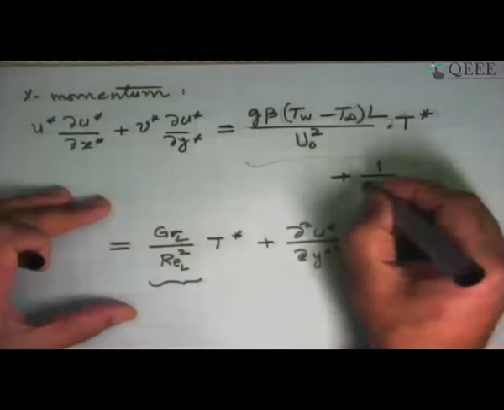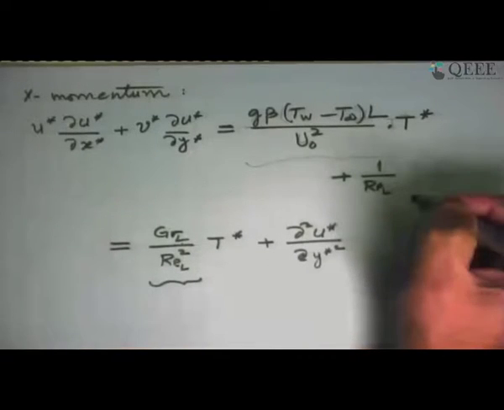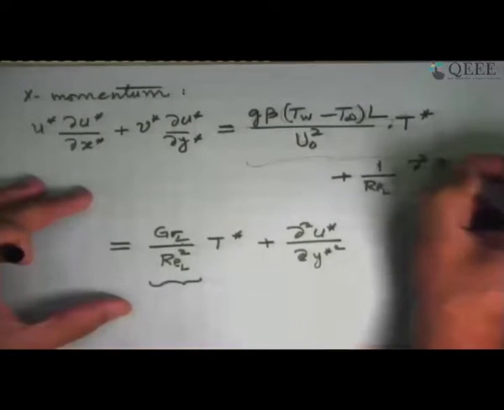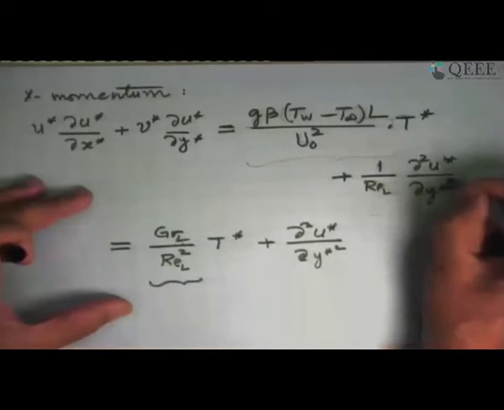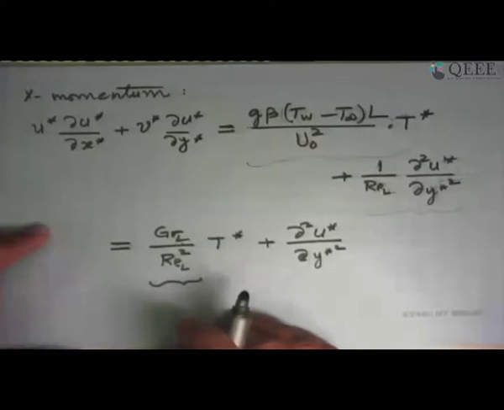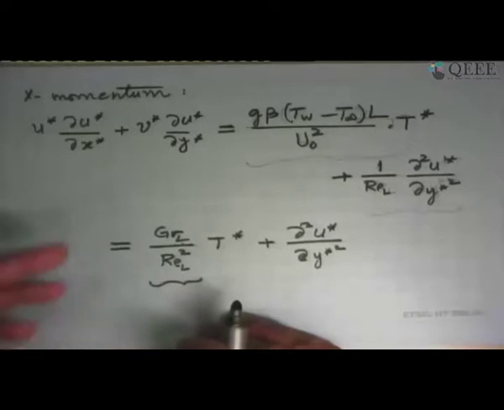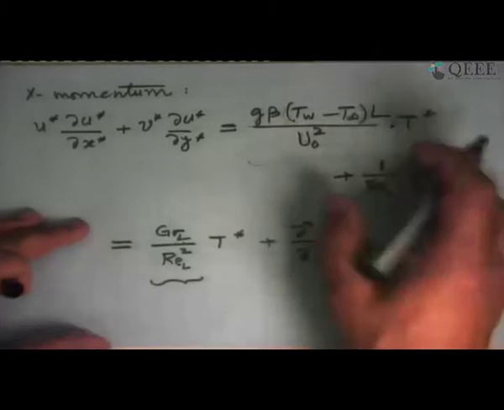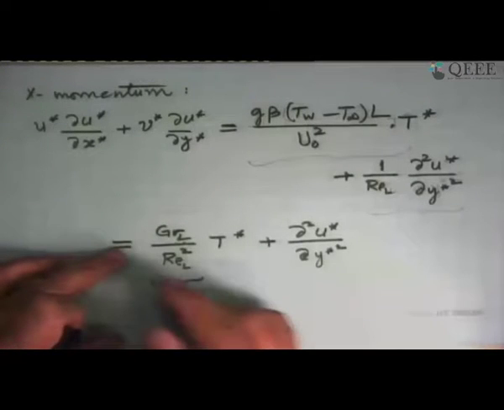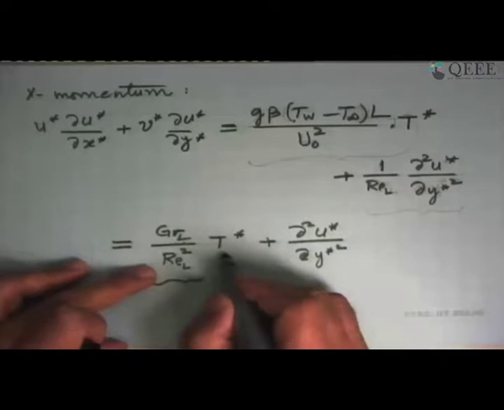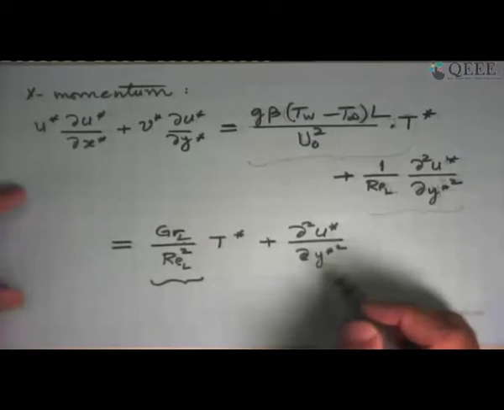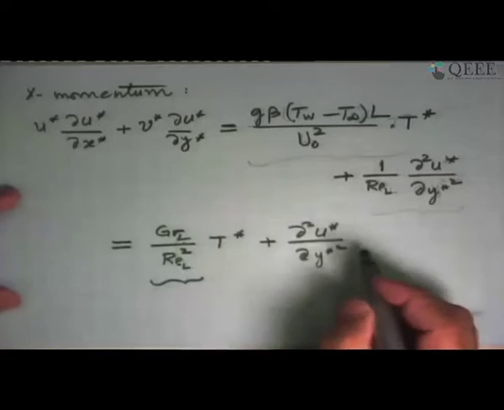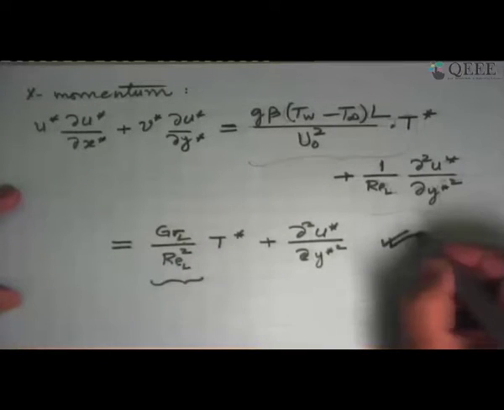This was the buoyancy term. Then 1 upon ReL, the Reynolds number we just defined, into del square u star by del y star square. Or you can further simplify it and write it as GrL upon ReL square into T star plus del square u star upon del y star square. And that becomes our full x momentum equation in non-dimensional form.